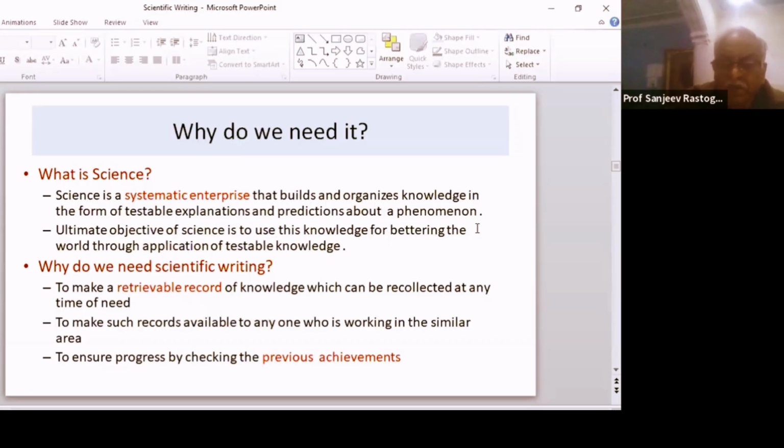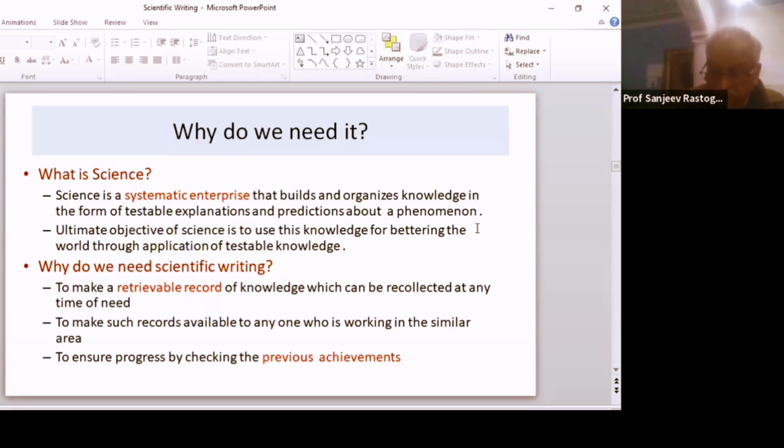Moreover, scientific writing is also required to ensure progress by checking previous achievements. Whatever has been done earlier, if we have a record of that, we can move forward, and we will not need to repeat the same experiments which have been done earlier by other people.